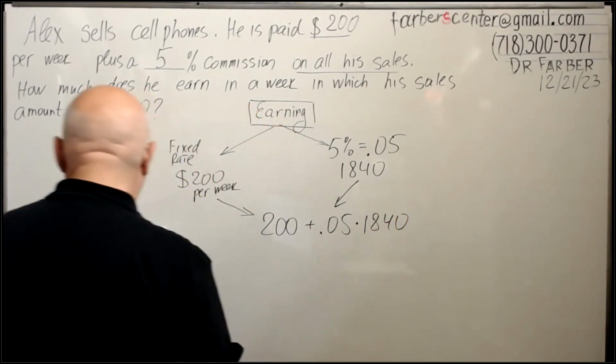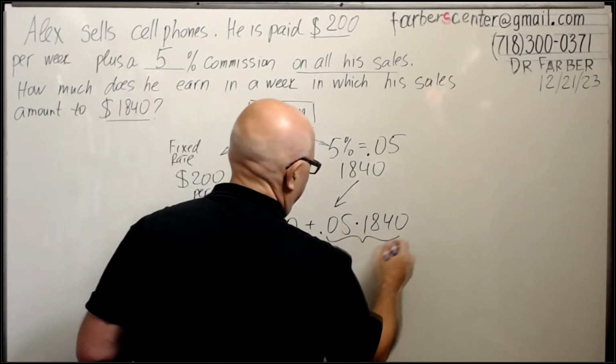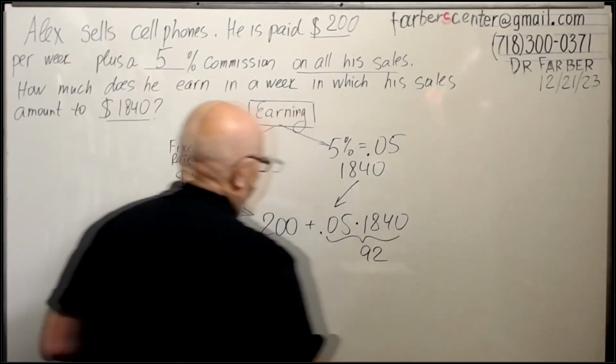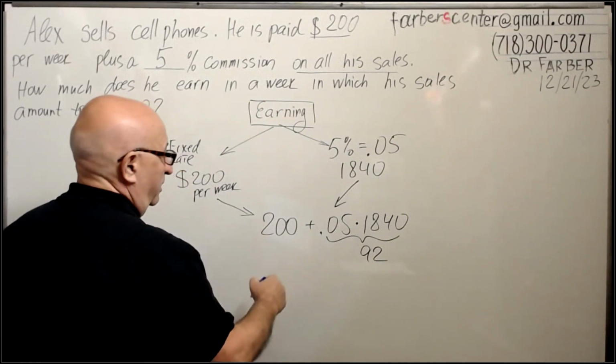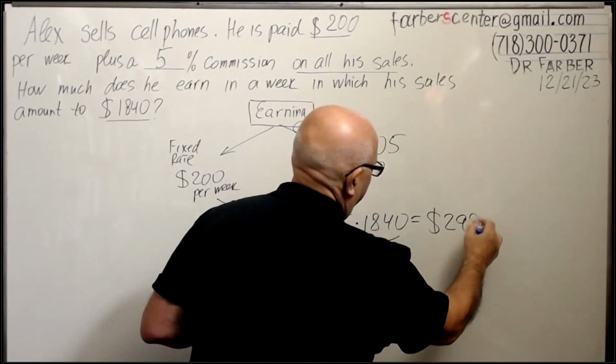If you multiply, this is $92. And 200 plus 92, you get what? $292 per week.